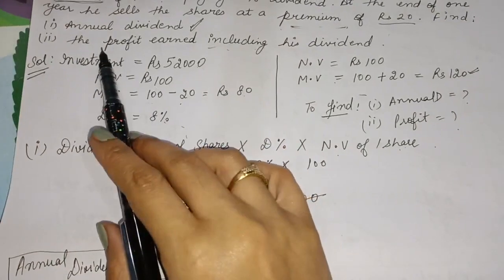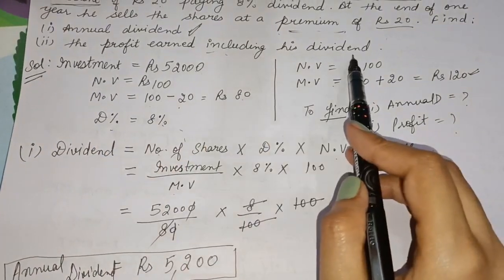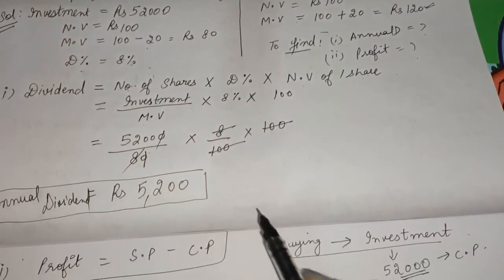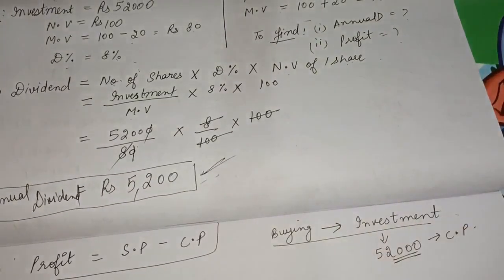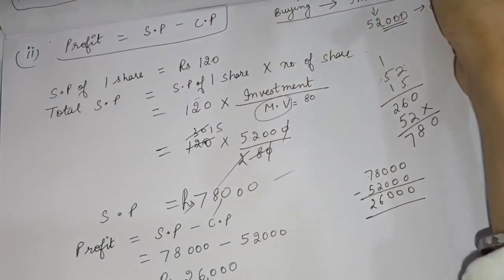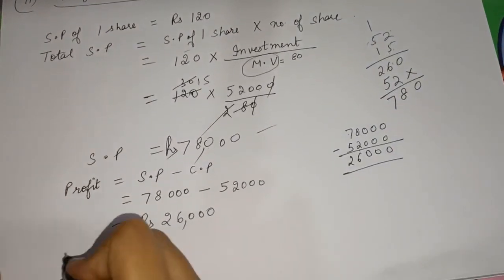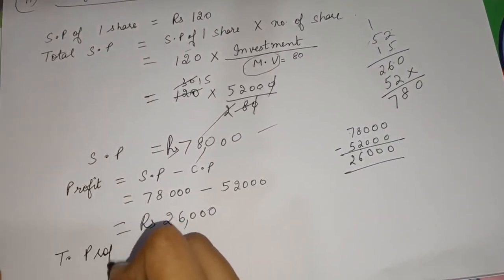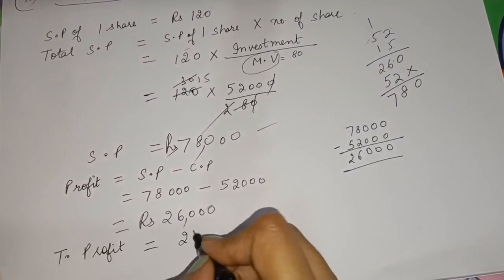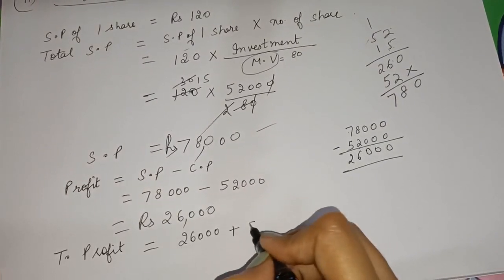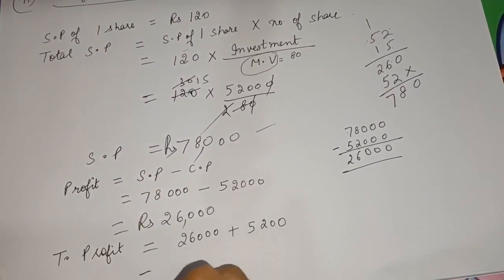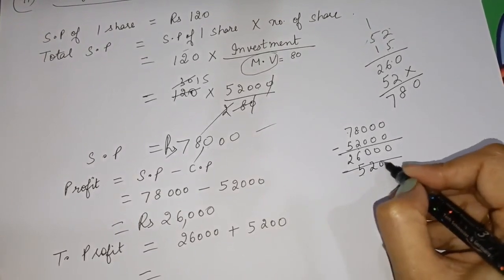But this is not our final answer, because what is the question asked to us? The question says find the profit including his dividend. So the dividend we found in the first part itself, that was 5,200. So total profit is equal to 26,000 plus 5,200, which is the dividend. So this we can add.